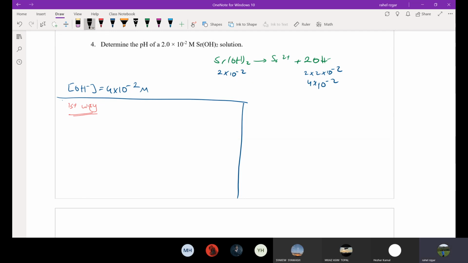Here again, we have OH, we need pH. So pH needs H3O. That's why concentration of H3O equals Kw divided by OH: 10 to the power of -14 divided by 4 times 10 to the power of -2 is equal to 2.5 times 10 to the power of -13.